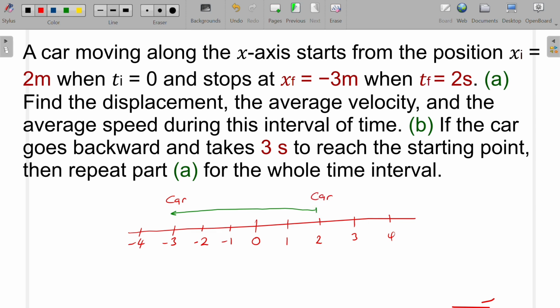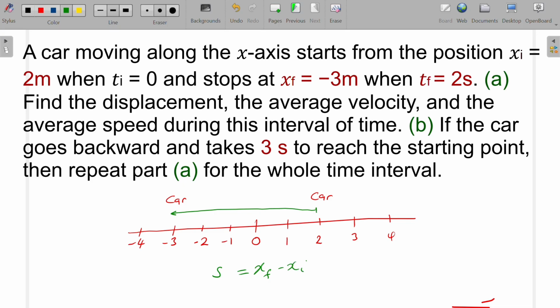So how do we find displacement? Using a formula, I'm going to use S for displacement. Displacement will be equal to x final, the final position, minus the initial position.